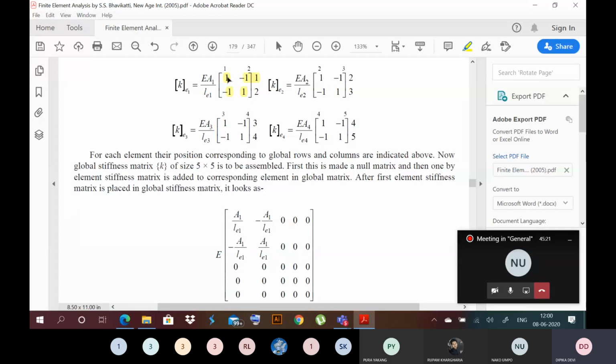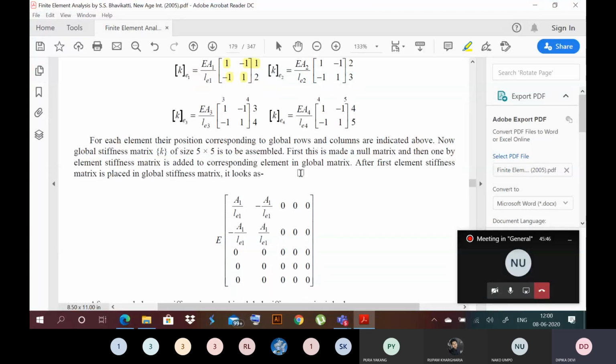So this particular term, E A1 by Le1, will go to the row and column corresponding to U1, which we have already discussed in the physical class. Then the second term, minus EA1 by Le1, will go to the row corresponding to U1 and the column corresponding to U2. So it will go here.